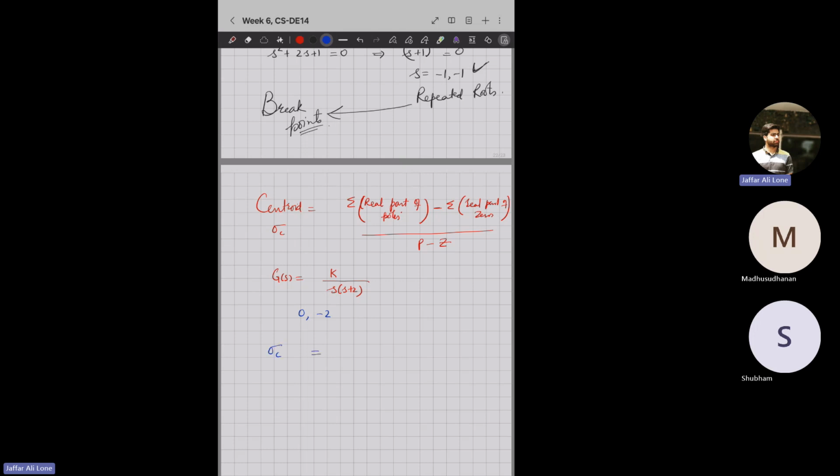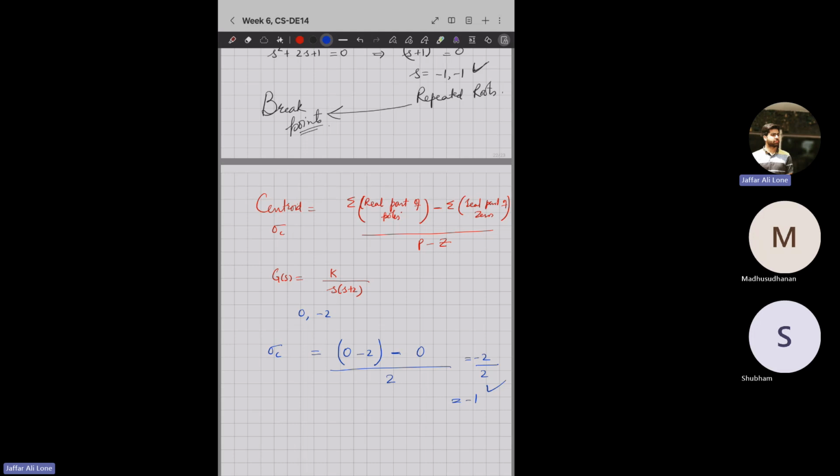Sigma c will be the sum of real part of poles, so 0 plus minus 2 is minus 2. Then minus the summation of real part of zeros, there is no zero, divided by p minus z. P minus z is 2 minus 0, that's 2. So 0 minus 2 is minus 2, divided by 2. This will be minus 1.